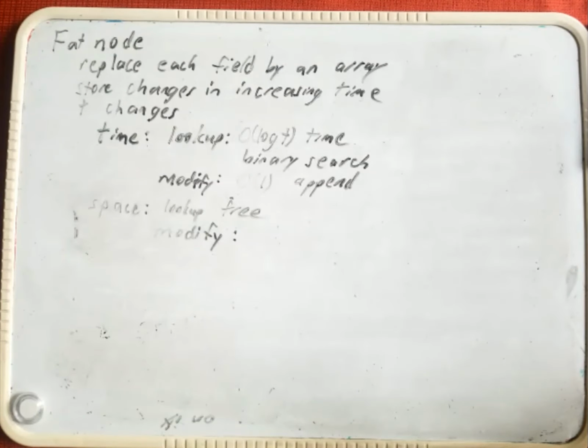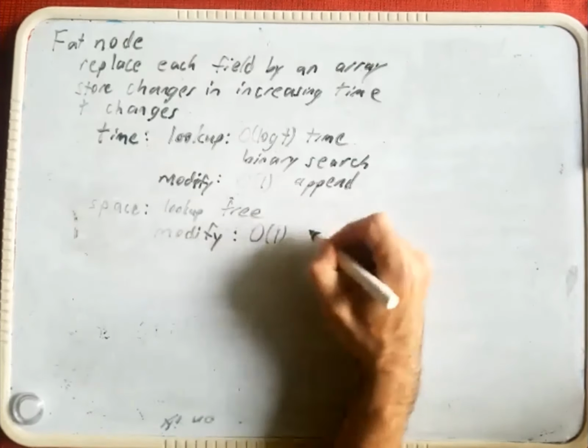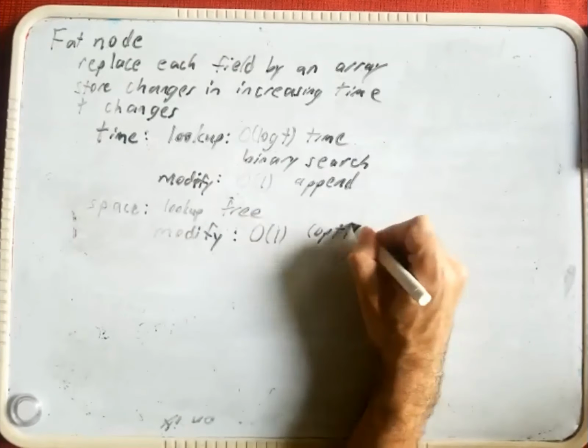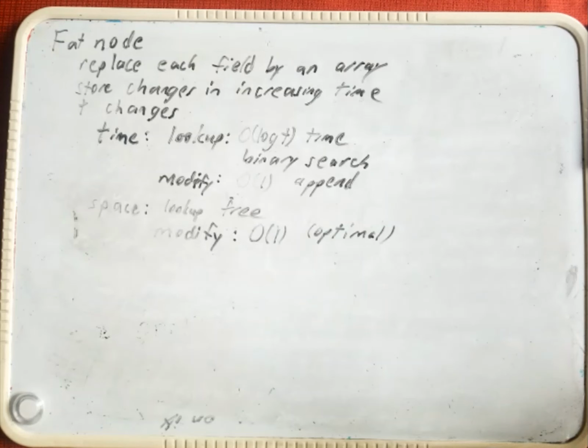Constant, right? It's not bad. Again, it's order 1, and of course, this is optimal. If you're going to store a new value, you need space to store the new value, and that's all that we're using.